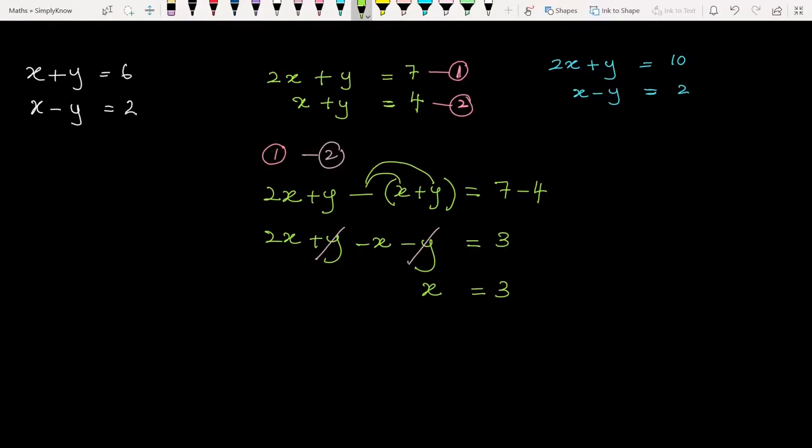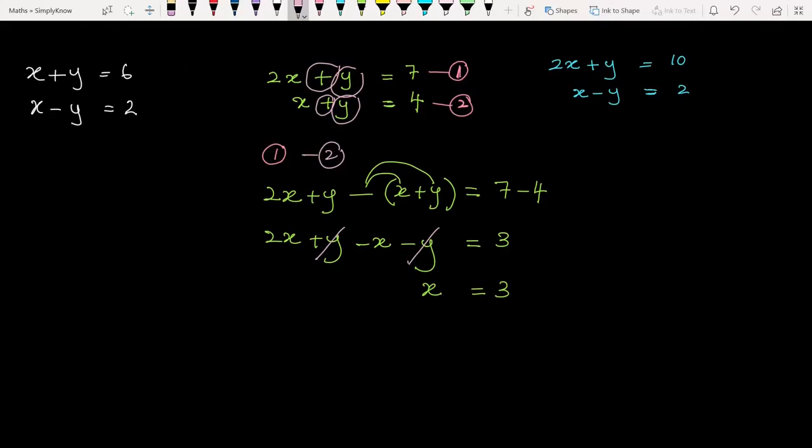Now, our unknown which has the same coefficient here is y, right? So what are the signs of them? Here it's a plus sign, and in the second one also we have a plus. So same sign. So if the signs of the coefficients are same, we need to subtract one equation from the other.